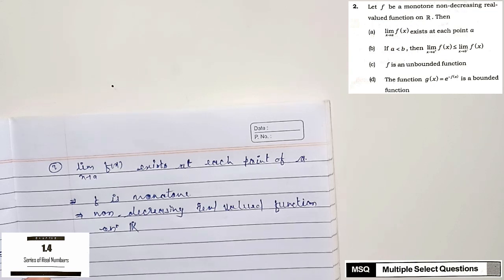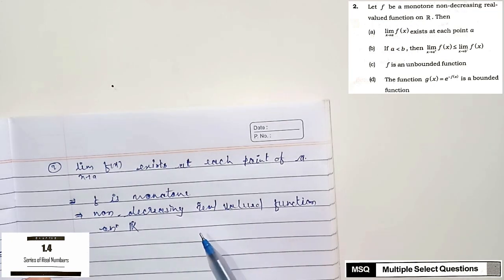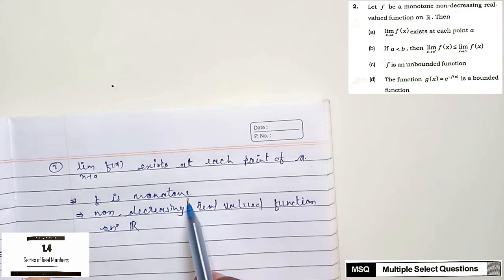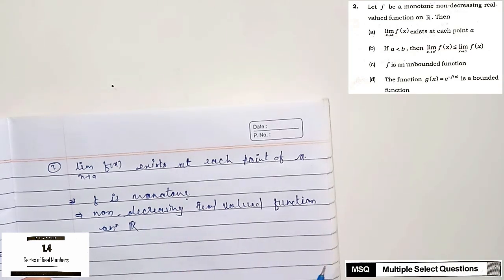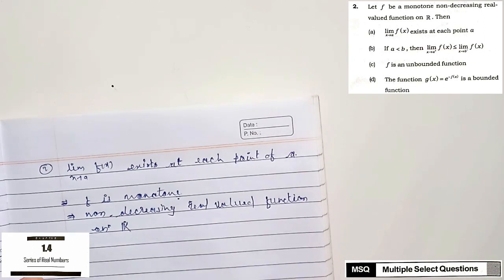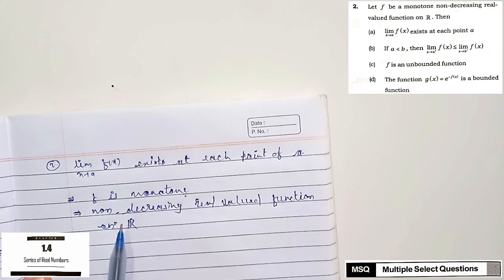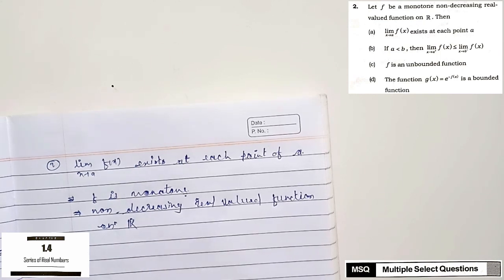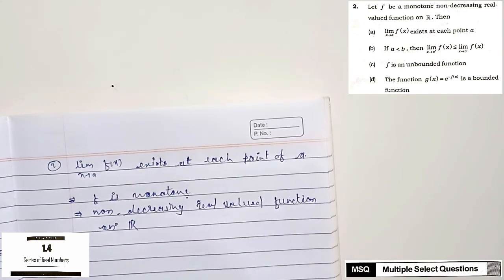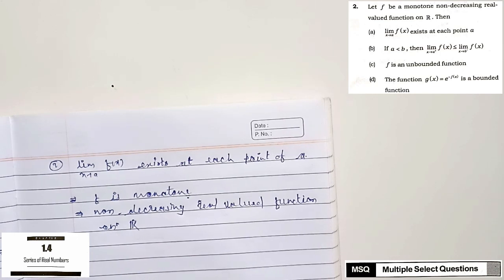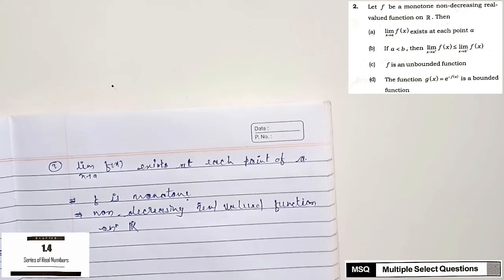We want the function to be monotonic, and the second condition is non-decreasing. We cannot guarantee that it is strictly increasing, but we want it to be non-decreasing. We know there is a function called the greatest integer function. Whenever you plot the graph of the greatest integer function, you get a stepwise graph.